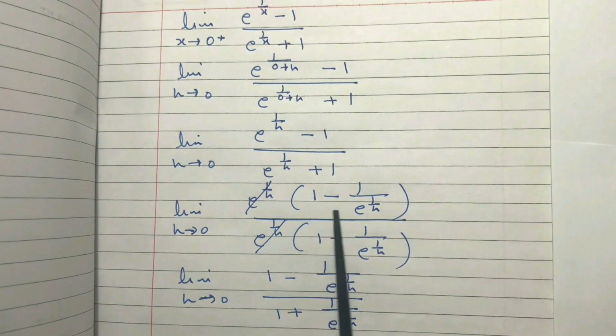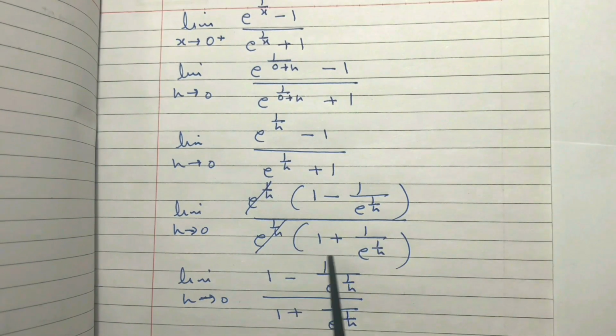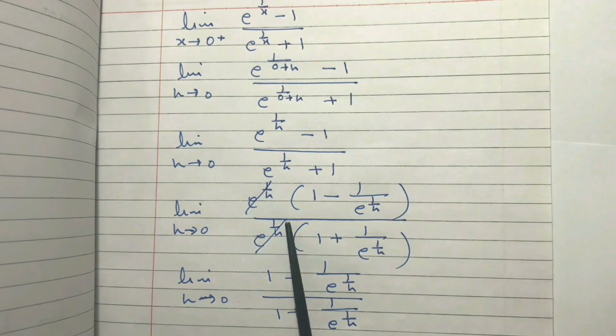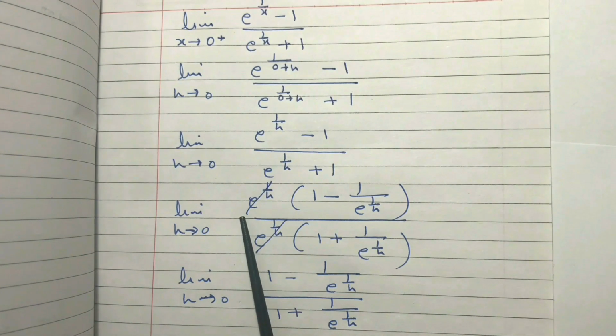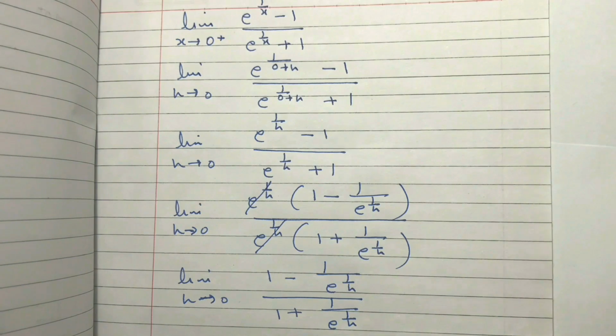You will have 1 minus 1 upon e raised to 1 by h in the bracket. Similarly, take e raised to 1 by h common in the denominator. You will have 1 plus 1 upon e raised to 1 by h. e raised to 1 by h, e raised to 1 by h is cancelled. So you will have limit h tends to 0, 1 minus 1 upon e raised to 1 by h upon 1 plus 1 upon e raised to 1 by h.